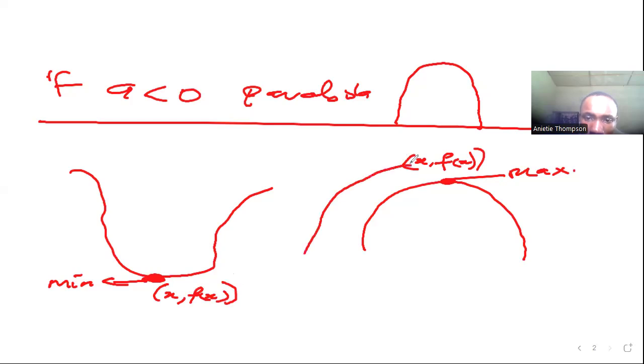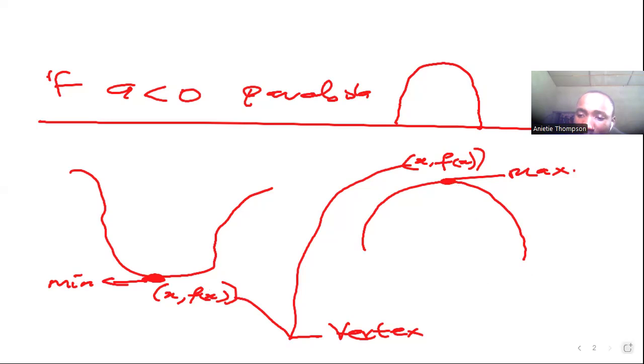The collection of both of them is called the vertex, the coordinate of the vertex, and it is always an ordered pair. The f value can be the maximum value or the minimum value. In this case, it will be the minimum value, and in this case, it's going to be the maximum value.